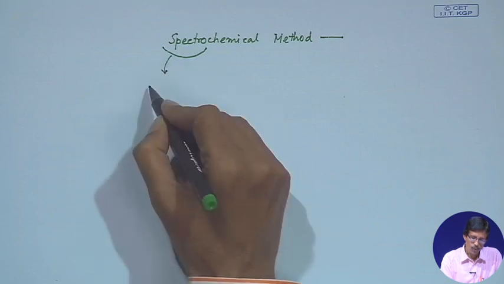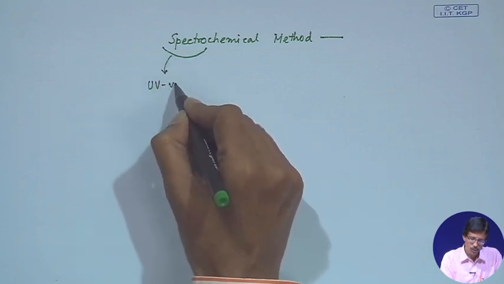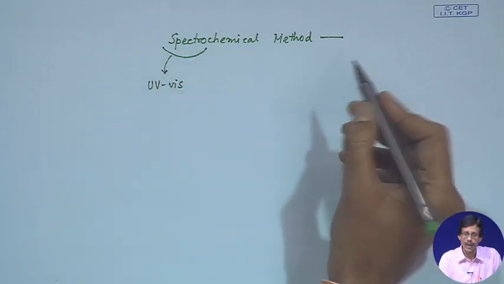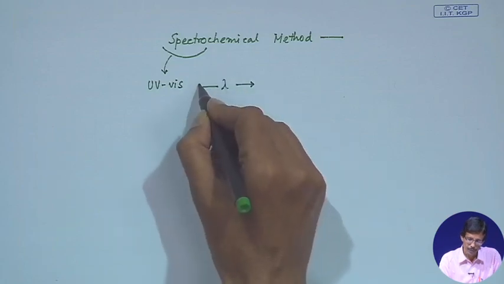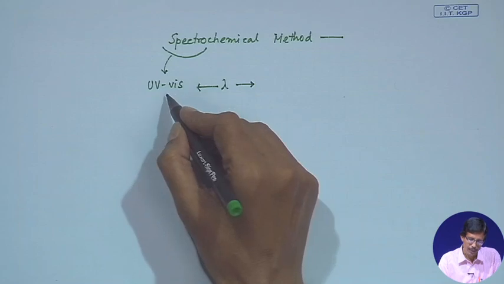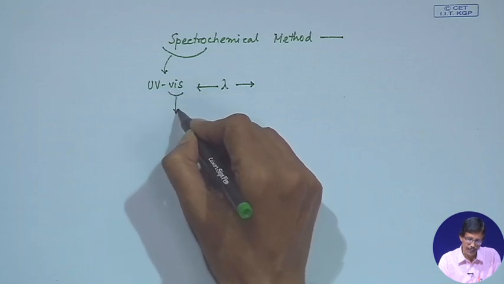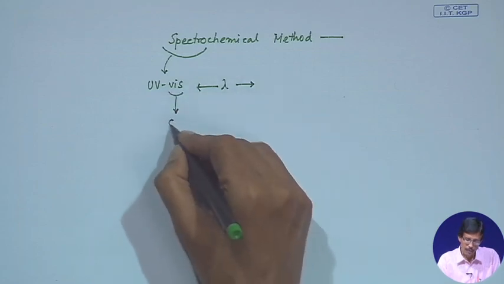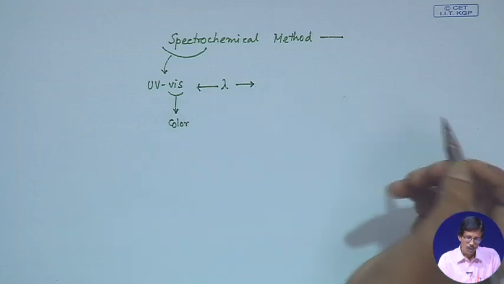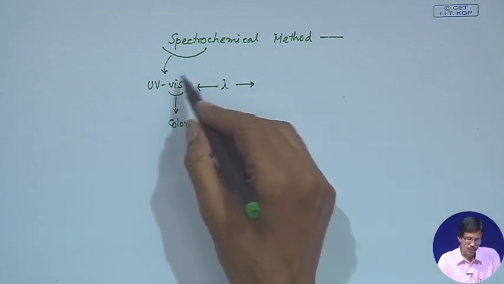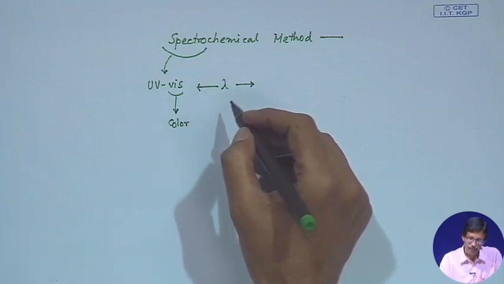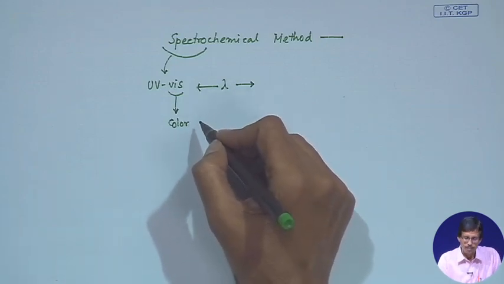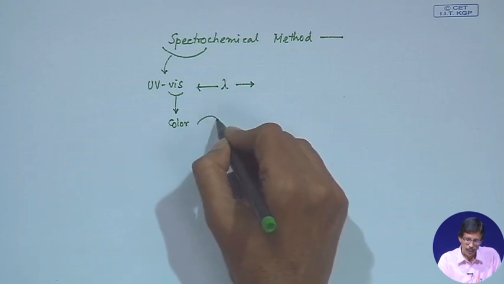When we use the UV visible spectrum of light of some range of wavelength, as we all know, the visible part is directly related to the color, where a particular solution color can be identified and can also be quantified for its corresponding concentration.